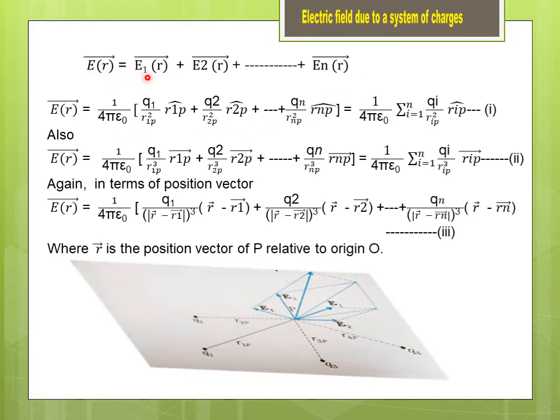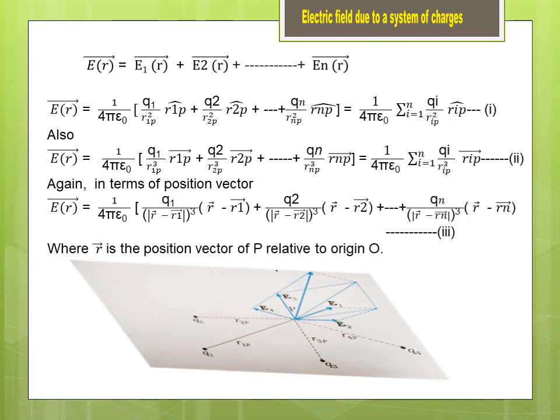Further, if we substitute the values of E1, E2 and En, we will get E of R equal to 1 by 4 pi epsilon naught Q1 by R1P square unit vector R1P plus so on, that is equal to 1 by 4 pi epsilon naught summation i equal to 1 to n Qi by RiP square unit vector RiP.